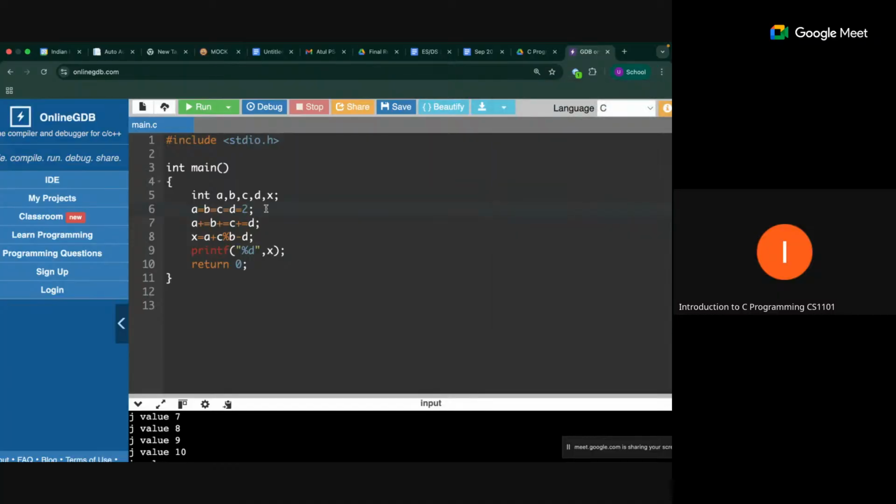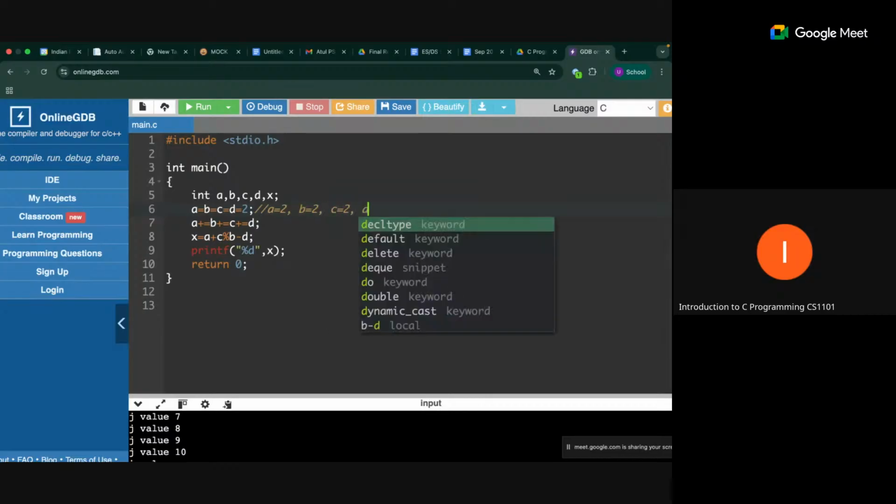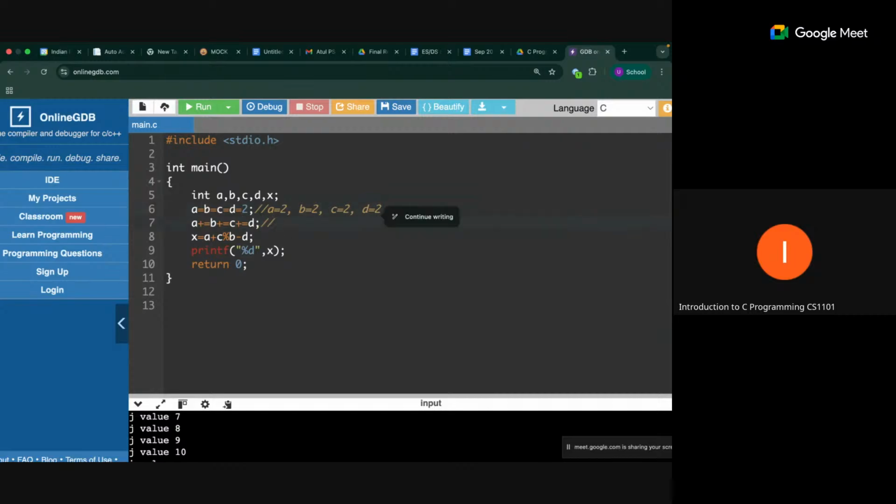So a is initialized with 2, b with 2, c with 2, and d with 2. Then what is happening here? a plus equal to, we have to take the b value. But for b, we need the c value. But for c, we need the d value. So what is the d value? It's 2.